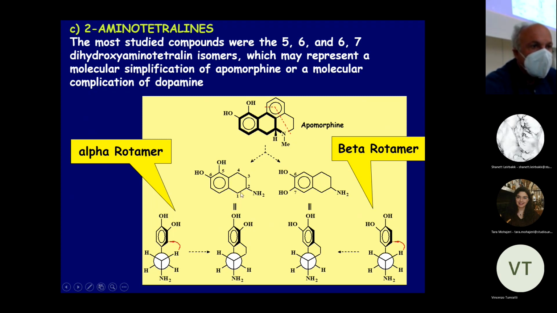Once again, this is the ethyl chain with the amino group, and the ethyl chain was incorporated inside a cyclohexane. We can have 2 different aminotetralins, which differ in the position of the 2 OH on the catechol ring of dopamine.